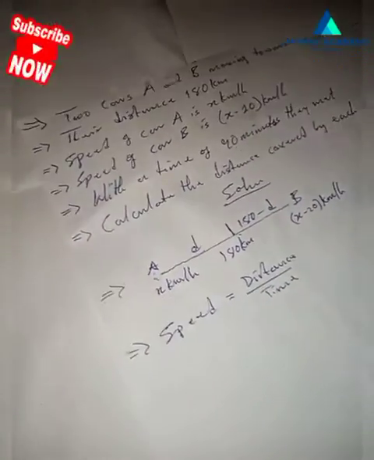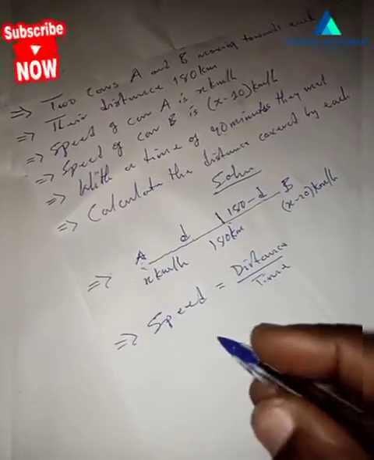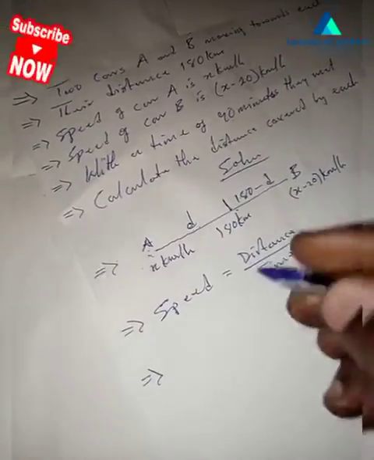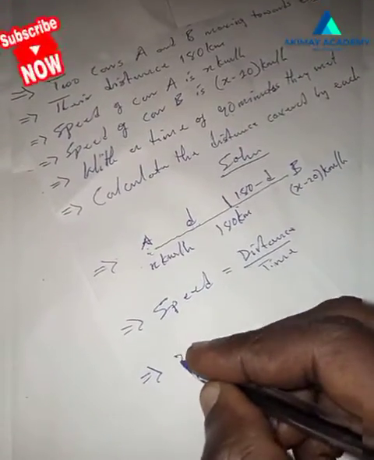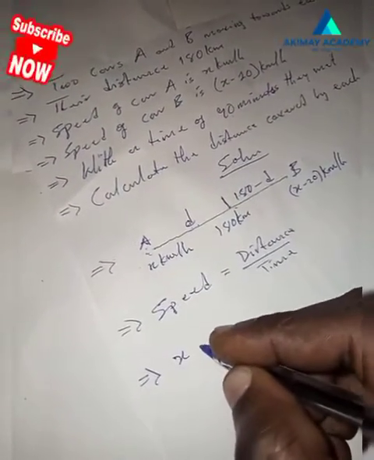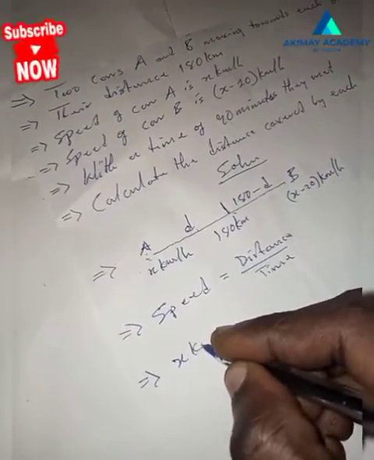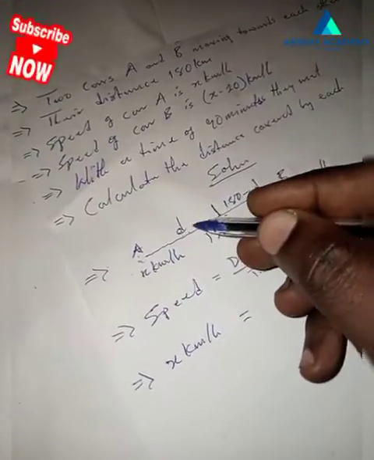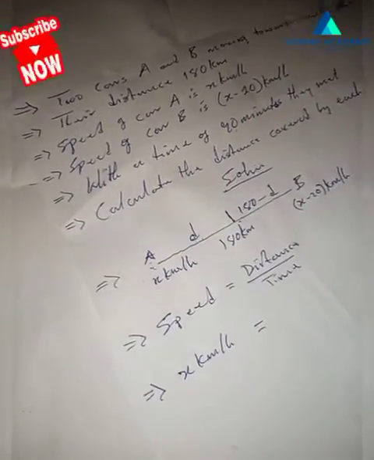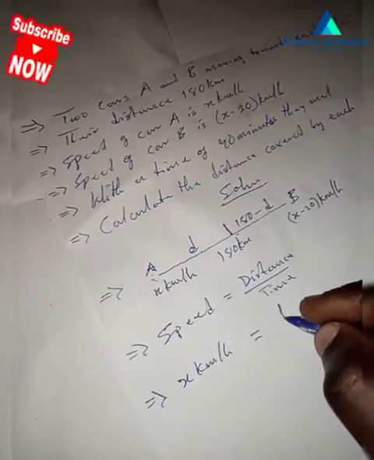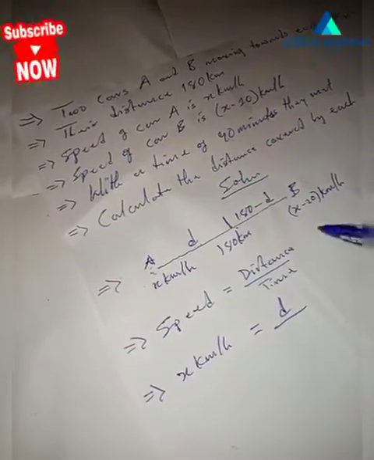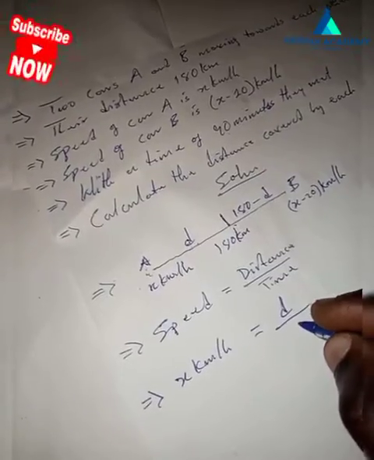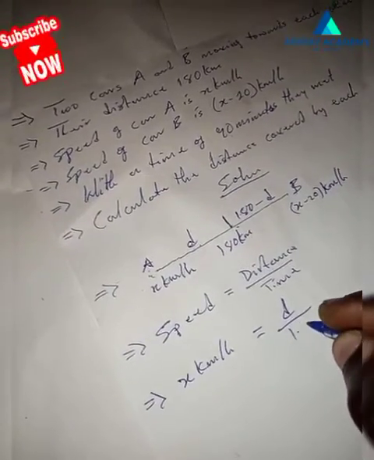So let's look at car A first. We know the speed is x kilometers per hour, which equals the distance, D, covered by car A, out of the time. What was the time they used? 1.5 hours.